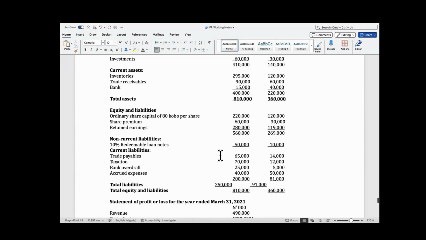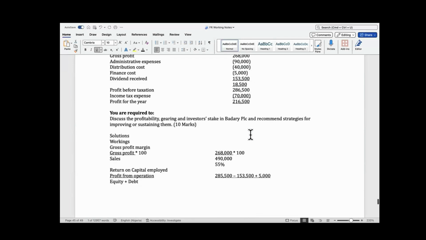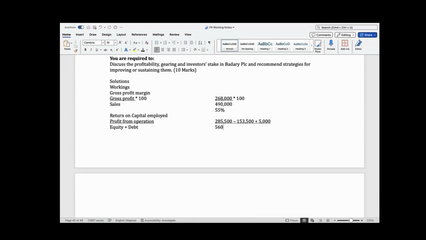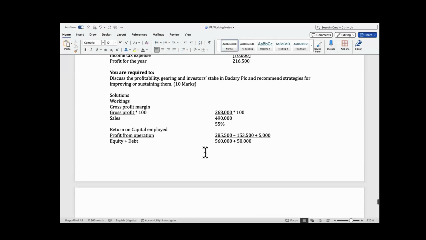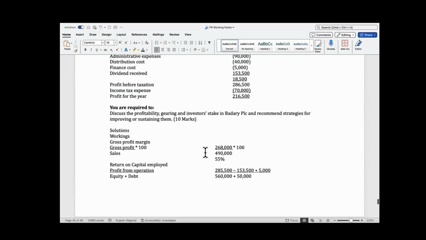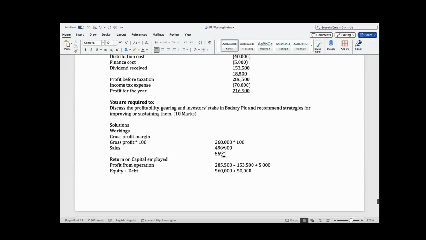Equity plus debt: my equity is 560, debt 50. So just give me the final answer. The first number should be 286,500.